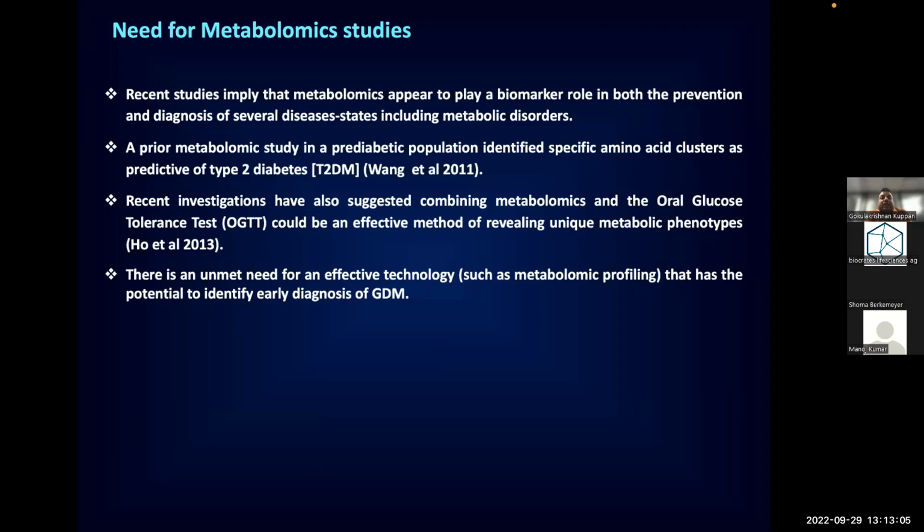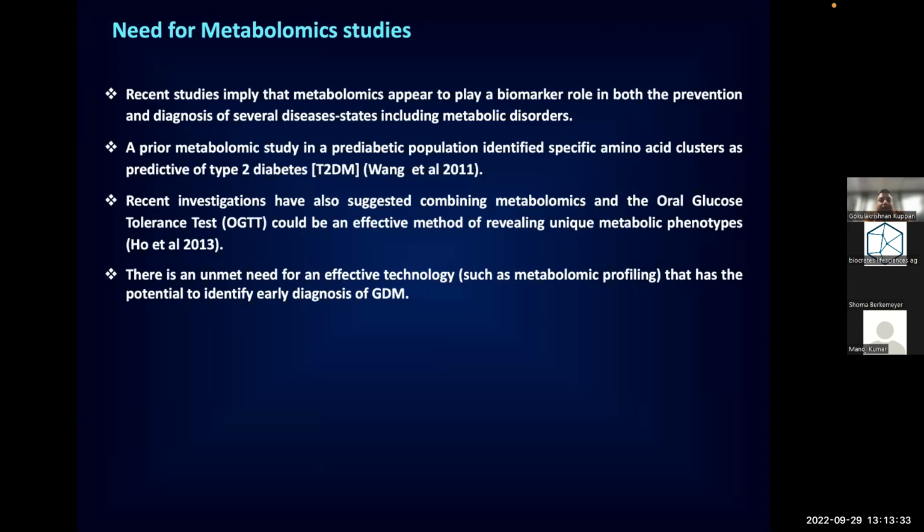So what is the need for metabolomic studies? If you look at recent studies, metabolomics appears to play a biomarker role in both prevention as well as diagnosis of several disease states, including metabolic disorders. And metabolomic studies in the pre-diabetic population have identified specific amino acid clusters, which can be predictive and diagnostic as well, mostly predictive of type 2 diabetes.